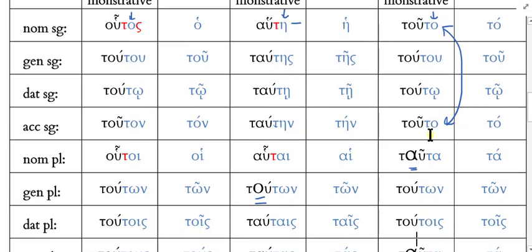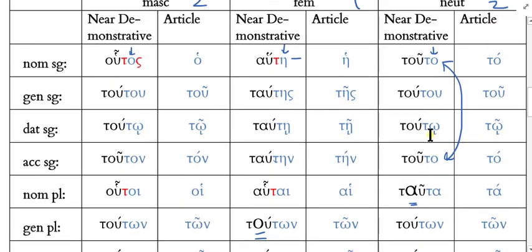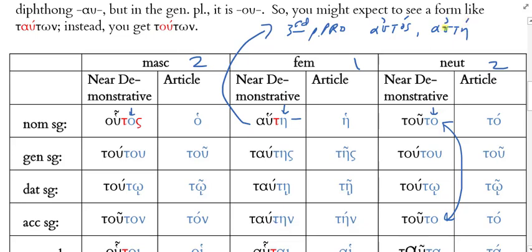All right. Now, where is there the possibility of some confusion here in this chart? Okay, yes. Haute looks a lot like what? Yes, the third person pronoun, yes? Which was, for the masculine, autos, that won't be a problem. But the feminine is autē. All the same letters, yes?